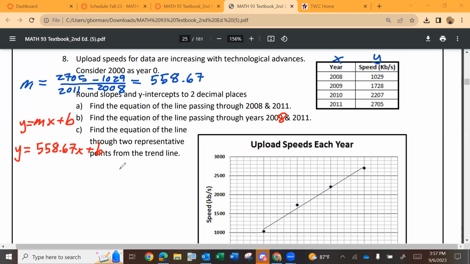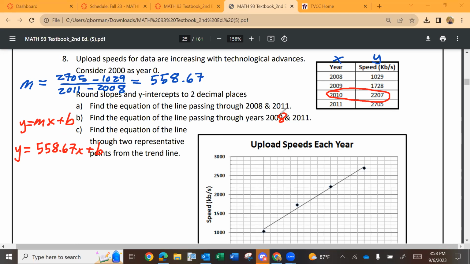Now to do that, we're going to plug in any of these points that we want. So I'll just pick, how about this one here? I'm just picking randomly.